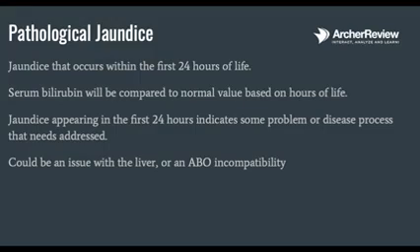Remember, that's that Billy tool that your providers are going to use to determine normal. Anytime jaundice appears in that first 24 hours, though, it indicates there's some other type of problem or disease process going on that needs to be addressed. It is not normal for jaundice to appear in the first 24 hours of life.